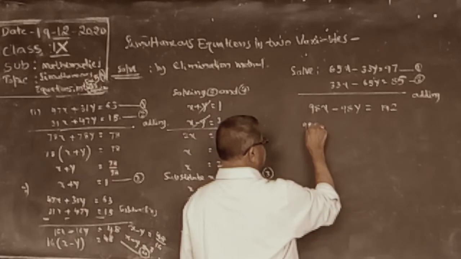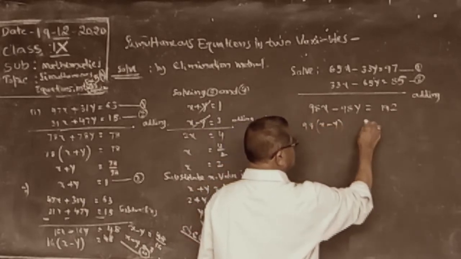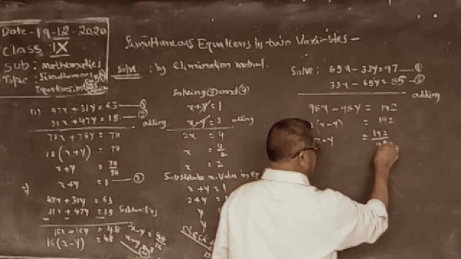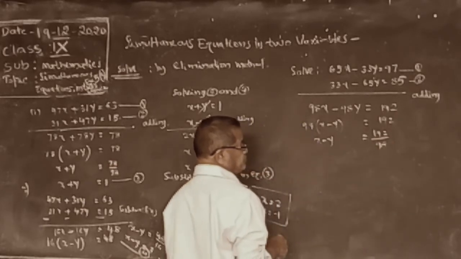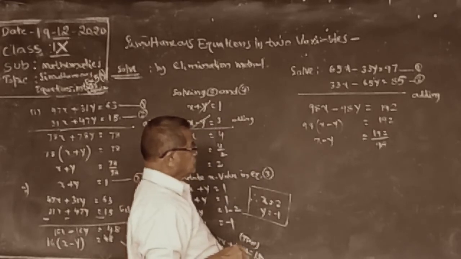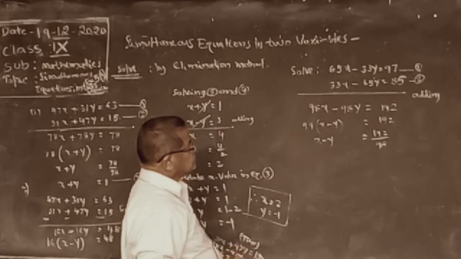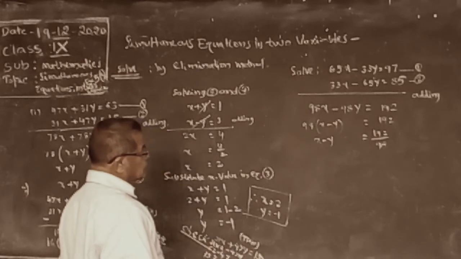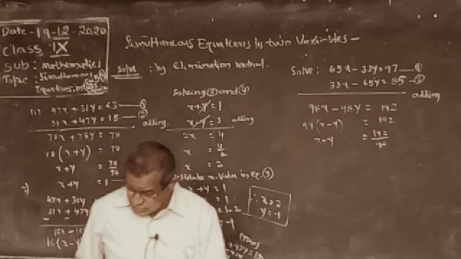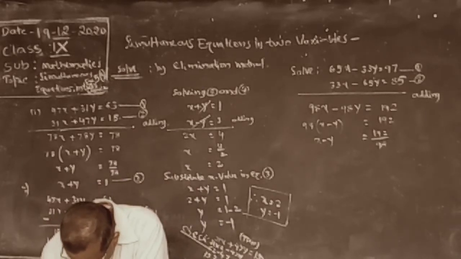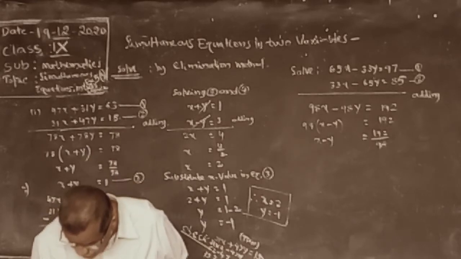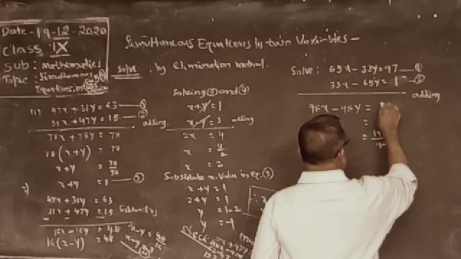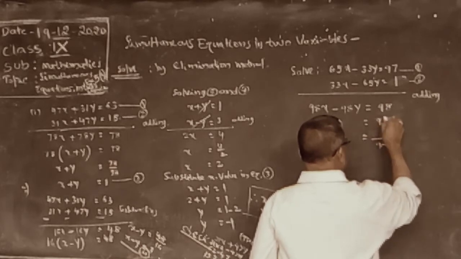Taking 98 common, x minus y is equal to 98 by 98.